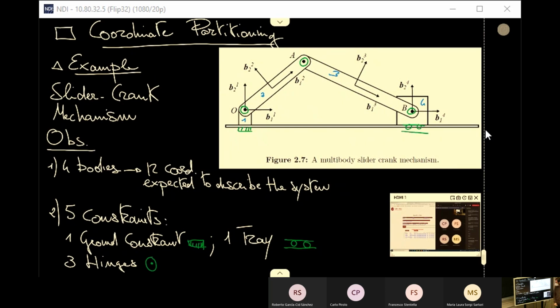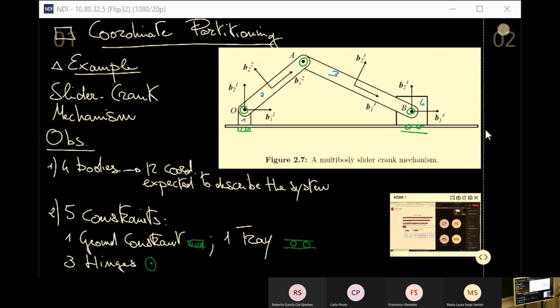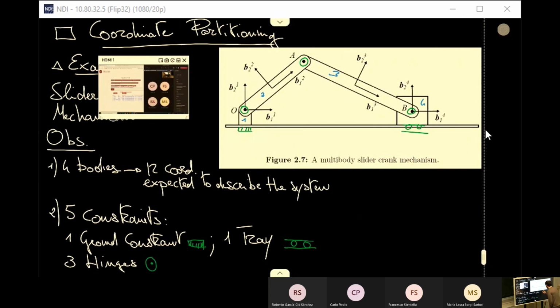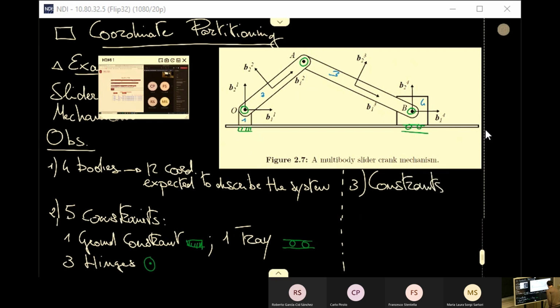Already now, you can try to see how many equations there are.